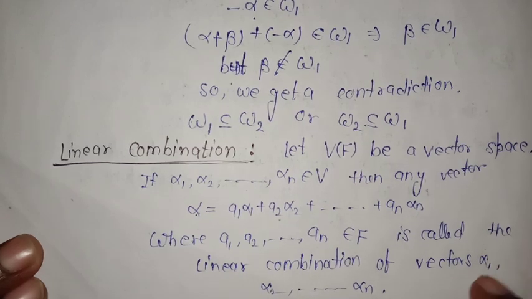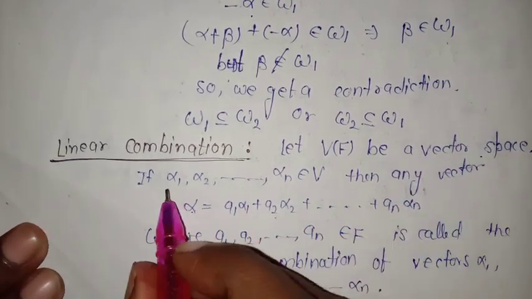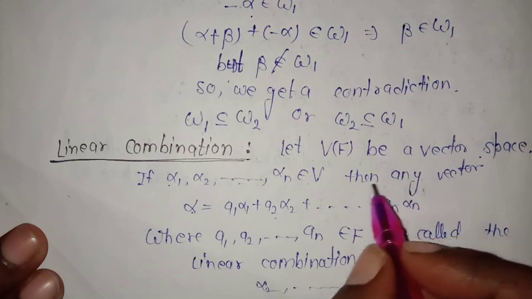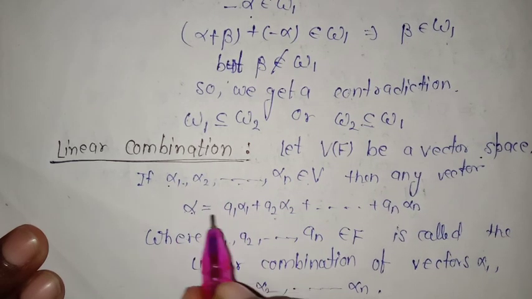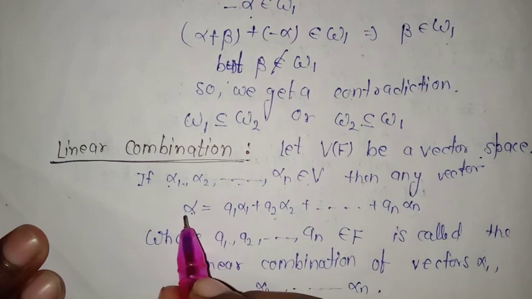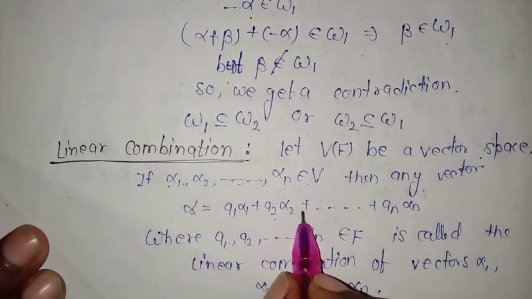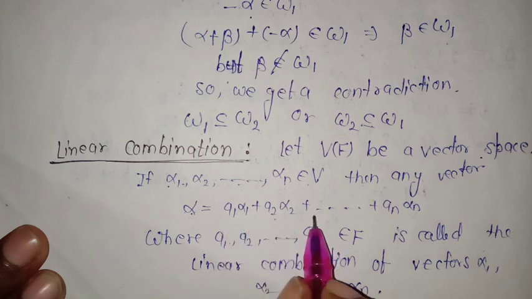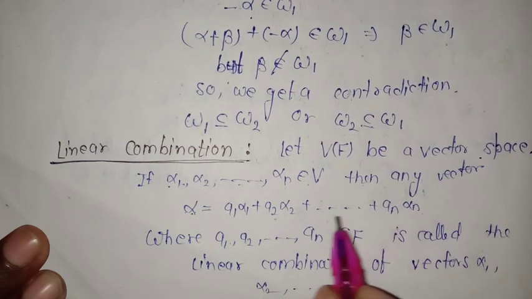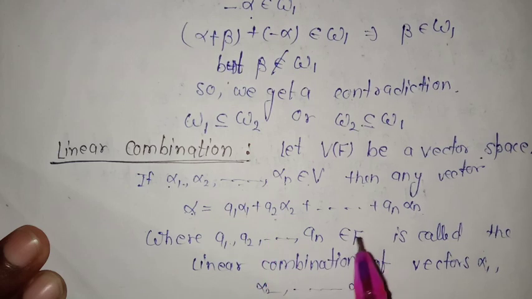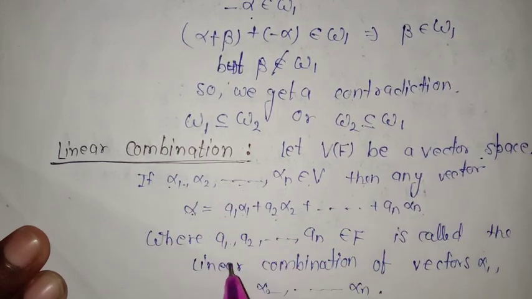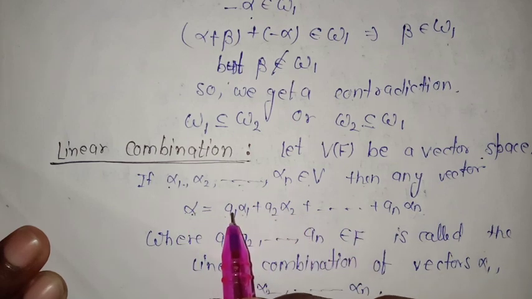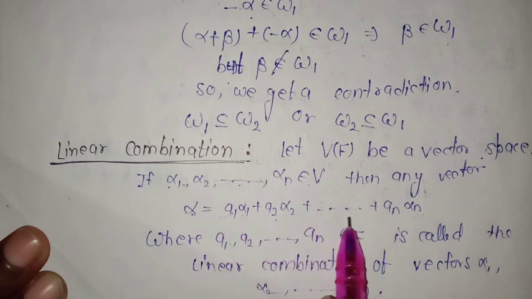So what I am doing simply is that we have a vector space from which I am taking n vectors, then with these n vectors I am defining a new vector alpha, that is the linear combination of all alpha 1, alpha 2 and so on alpha n. By linear combination we mean we have the scalar product. Firstly we take each element's scalar product with a1, a2 and so on an, and then we apply the vector addition over each element.